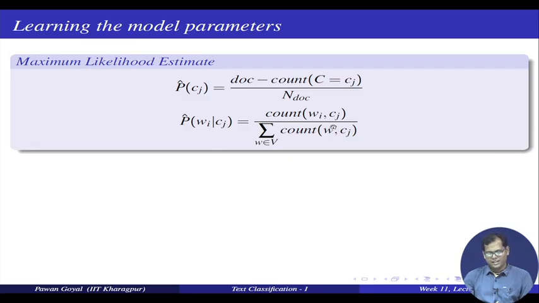This can also be taken as the whole corpus count of class cj, that is, how many total tokens there are in this class cj. So I can estimate both probabilities from my training data, multiply them, and get the best class for a given test document.